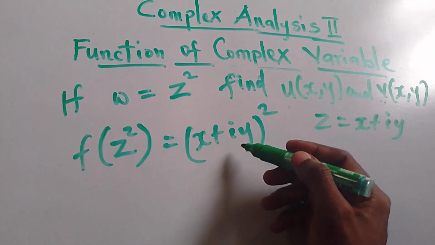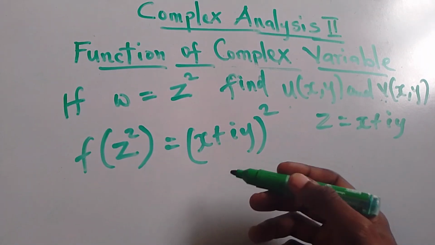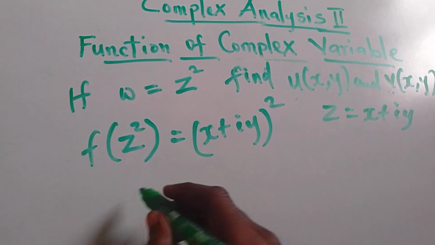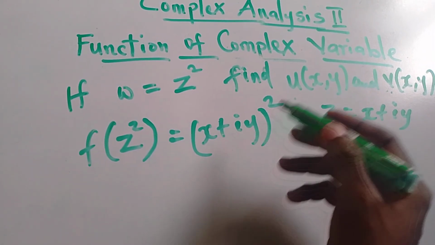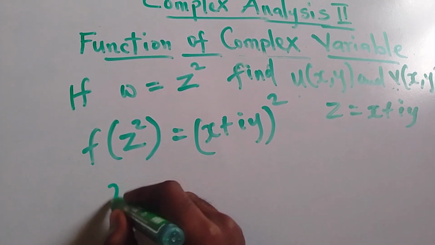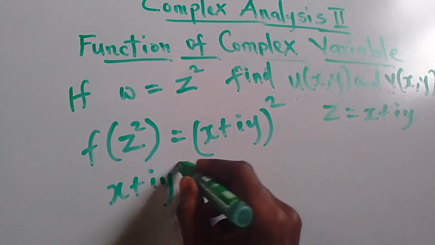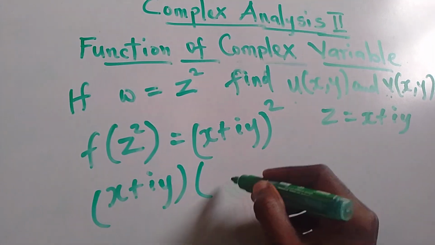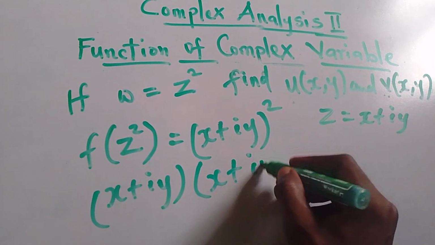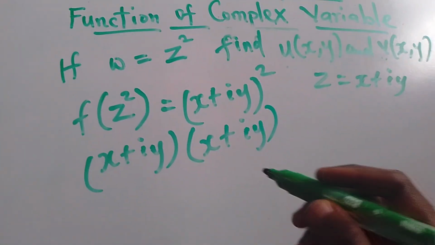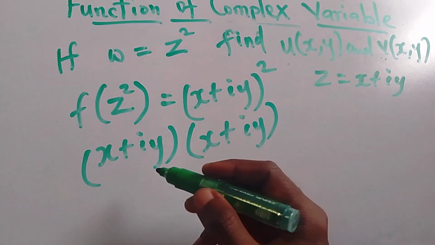Now you can expand this bracket in full so that you get it. So x plus iy square means x plus iy times x plus iy. Let's expand this and see what we are going to get.